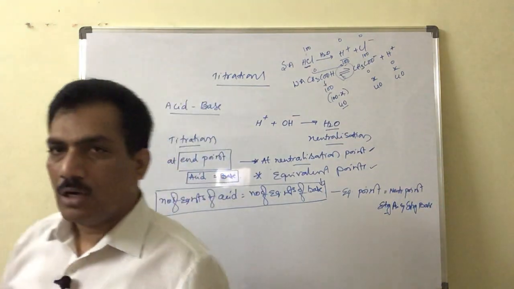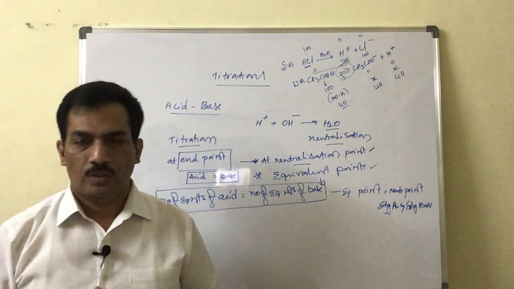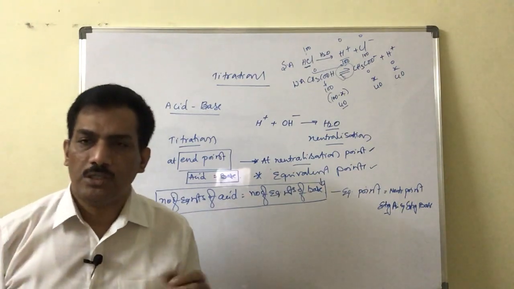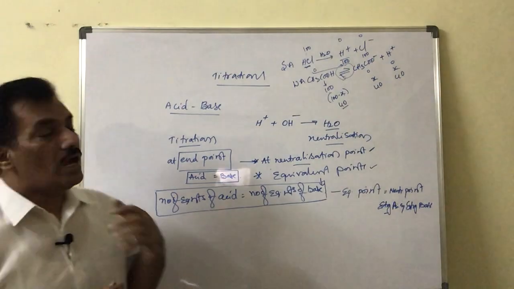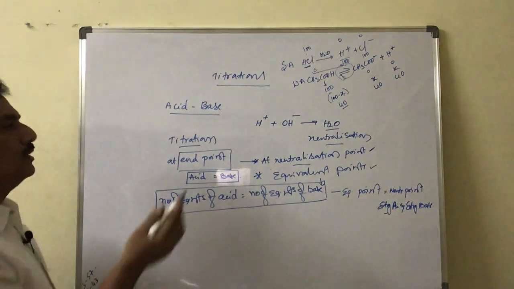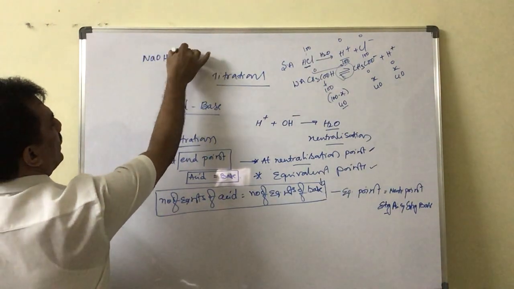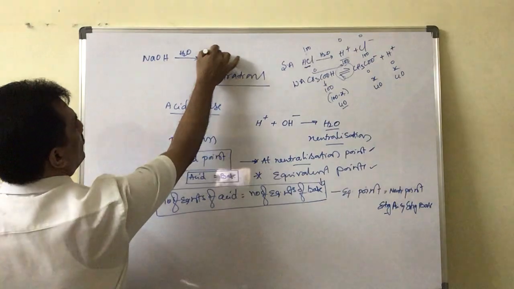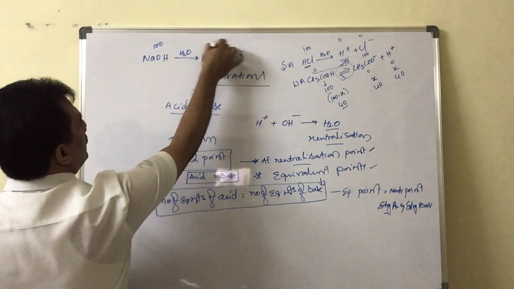The acids which tend to go for 100% ionization are strong acids. They release all the H plus present in their molecule. And the acids which never undergo 100% dissociation are said to be weak acids. Similarly, bases also. NaOH, for example, when it is kept in water, will undergo 100% dissociation to release all the OH minus present. In the beginning it is 100 and these are 0.